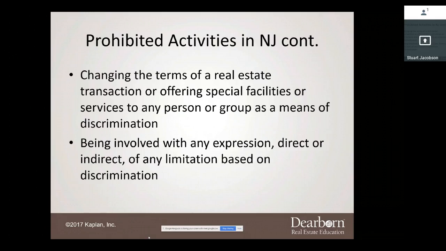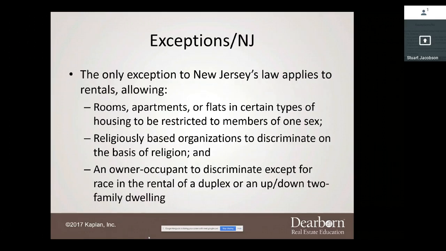And sometimes the MLSs will actually catch that and tell you, hey, you need to change your wording here in regards to how you describe the property, because it could be viewed as a limitation based on some sort of discriminatory practice.